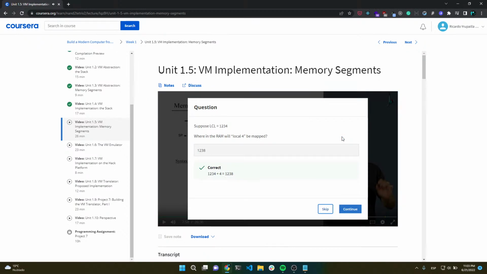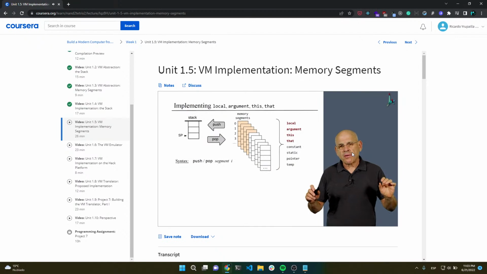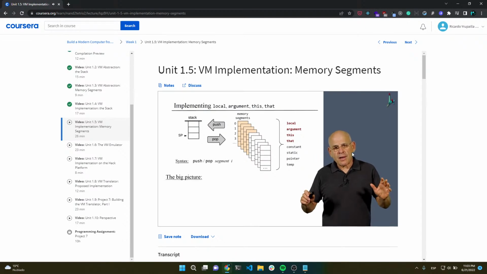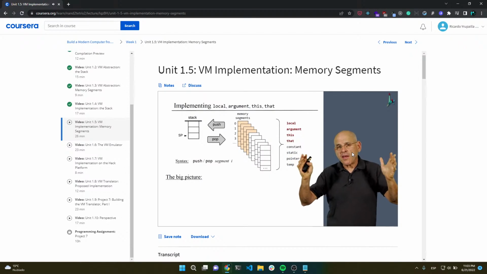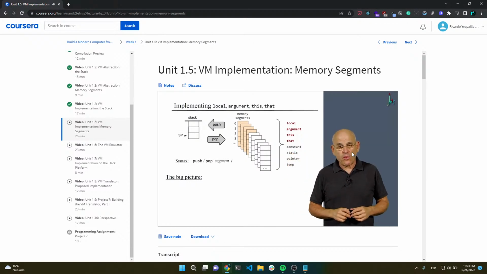Now, I would like to extend the picture and talk about these four segments together, the local, argument, this and that segments. And it always helps to extend our perspective and think about where these segments come from, or what purpose they serve in the larger enterprise of what we're doing.